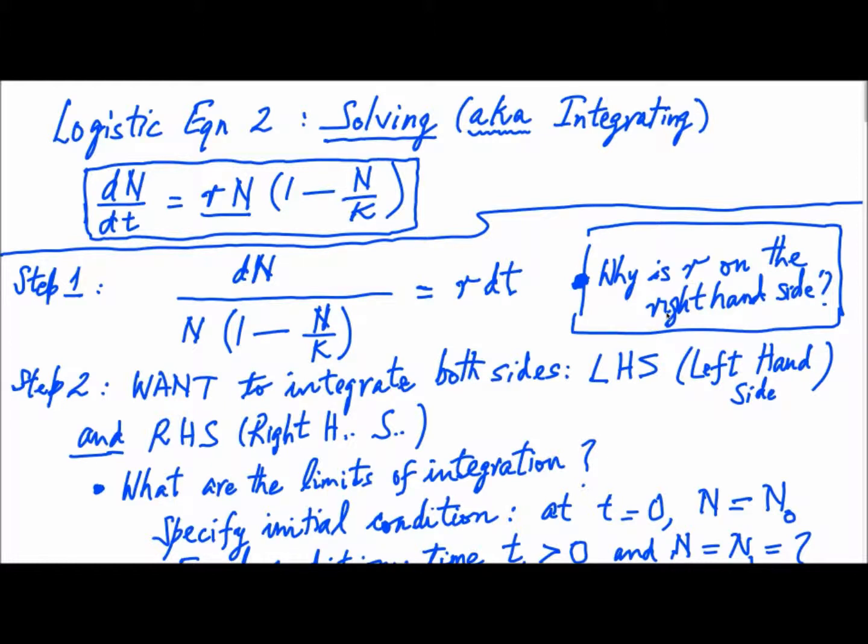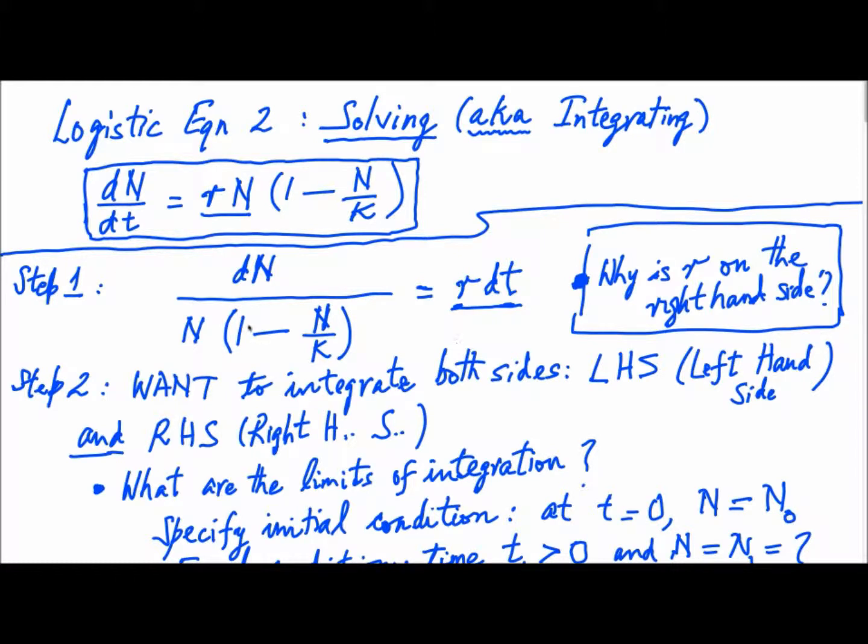And so the right-hand side of this equation has a term r, which is 1 over time, multiplied by a dt, which has dimensions of time, and so it's a dimensionless product. And the left-hand side, which involves just numbers, is also dimensionless. So the dimensions here are, in fact, the same on both sides, which is why we want to keep r on the right-hand side.